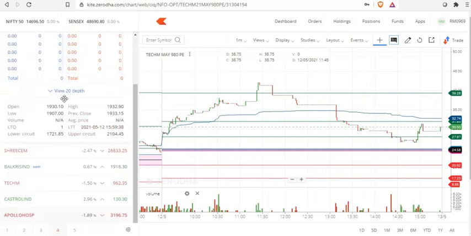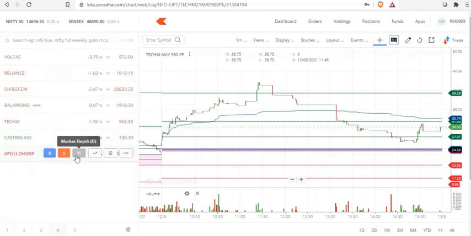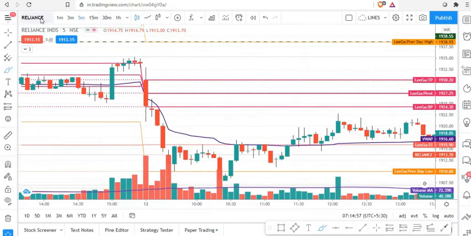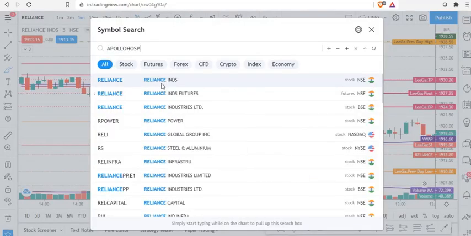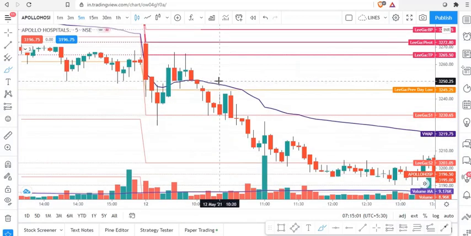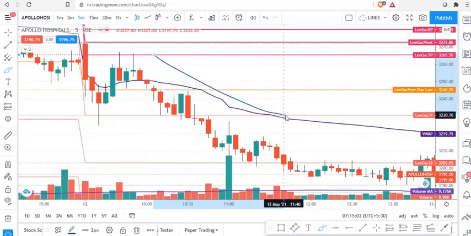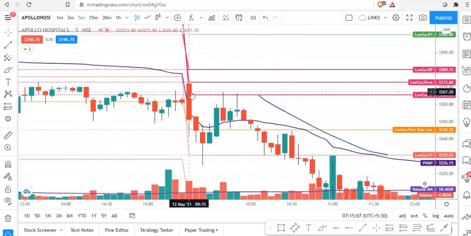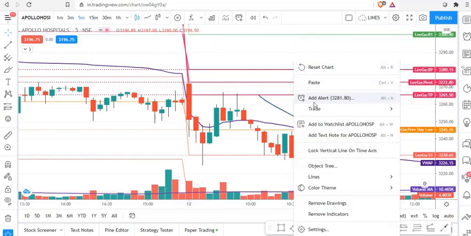Apollo Hospital also has wrong data on Saroda. Then we can check whether this is wrong. In TradingView, it's correct. Open is equal to high. 3271, check here. 3271.90, 3271.90. Okay.